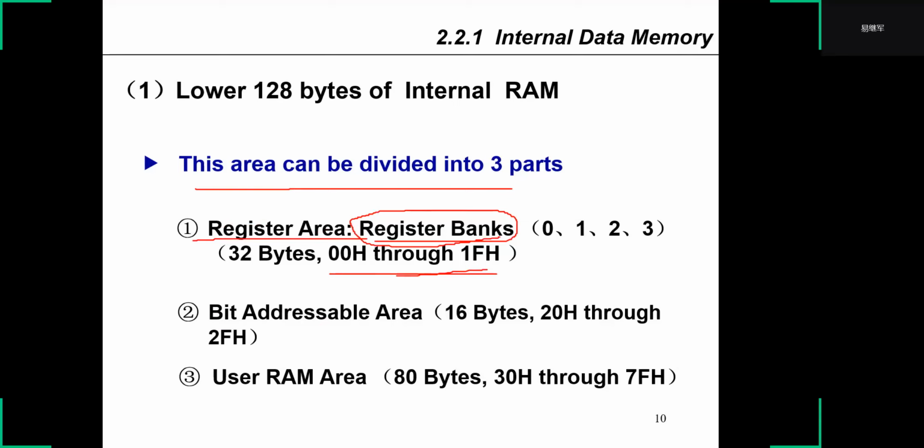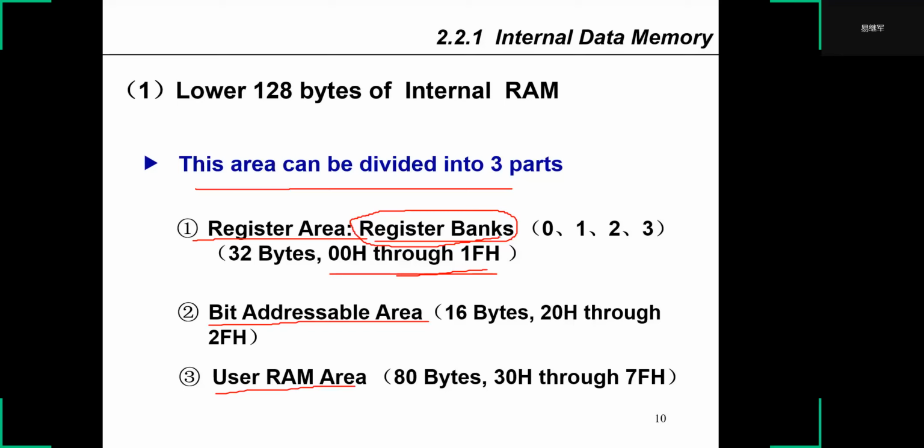Part 2, bit addressable area. Part 3, user RAM area. This part is used by users.